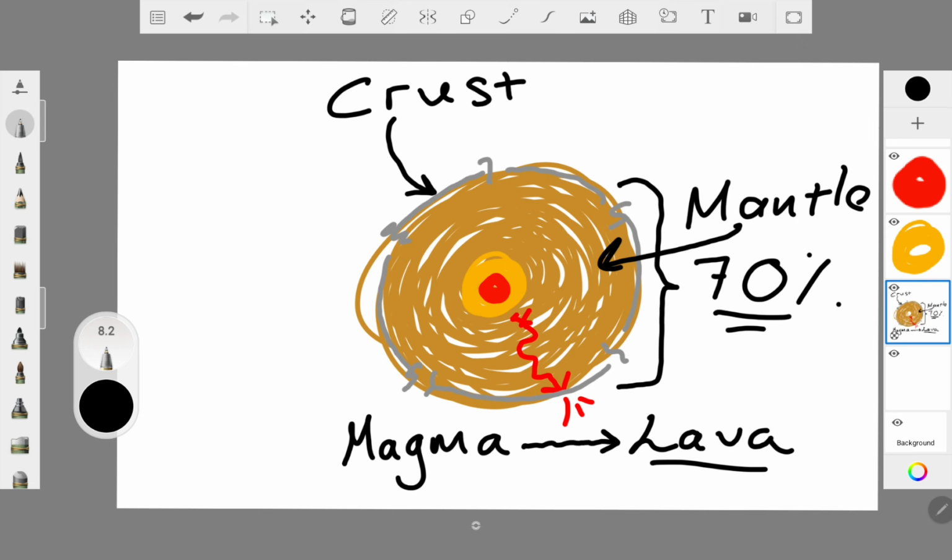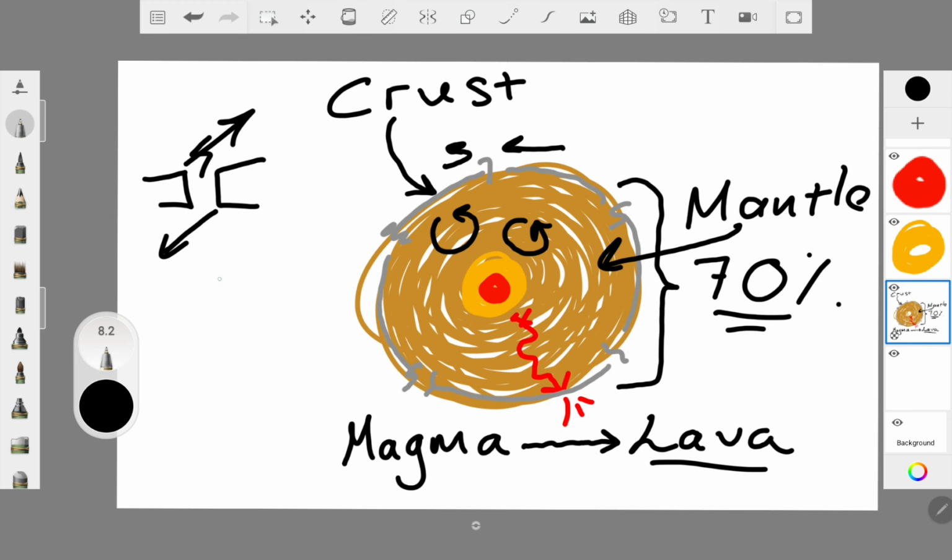So, these plates, because they float, sometimes as the mantle underneath moves around, the plates also move around, which means when two plates collide, one might slip under the other, one might go above the other, sometimes they might even just rub together.